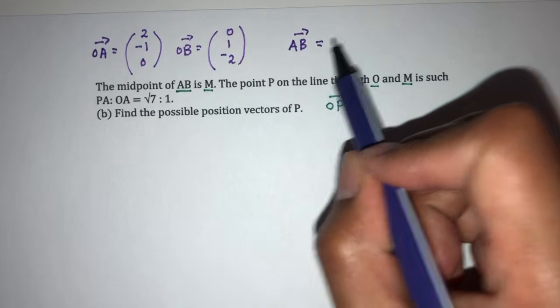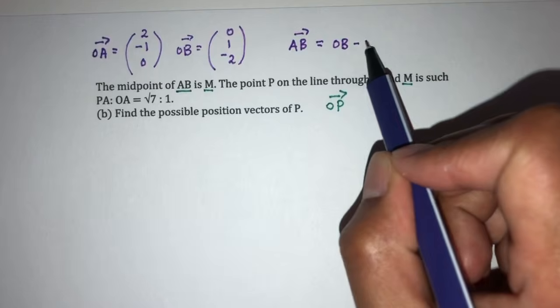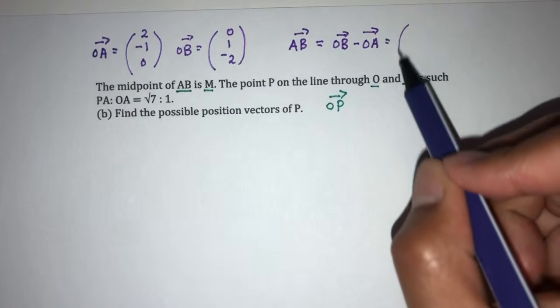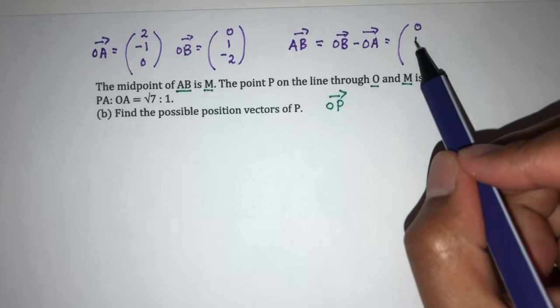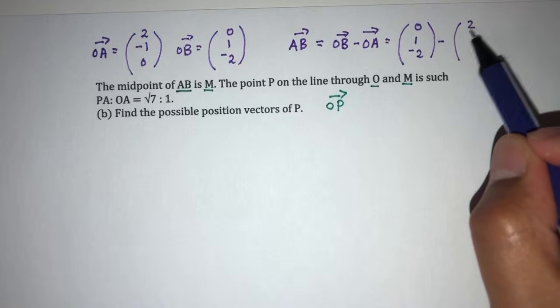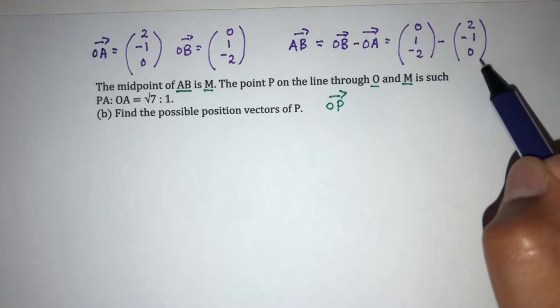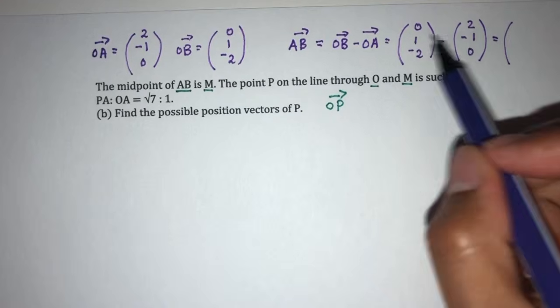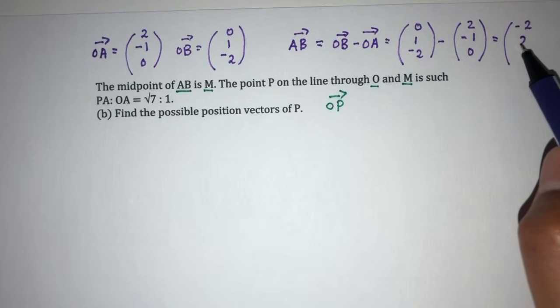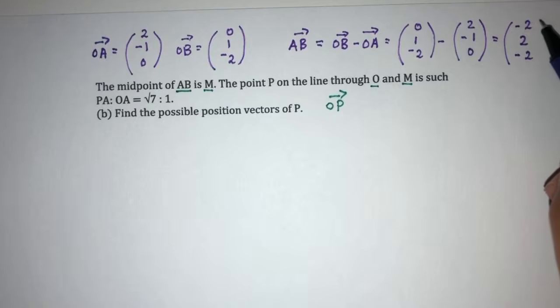AB will be OB minus OA. So let's find that. That will be OB (0, 1, minus 2) minus OA (2, minus 1, 0). 0 minus 2 will be minus 2. 1 minus minus 1 will be 2, and this will be minus 2.